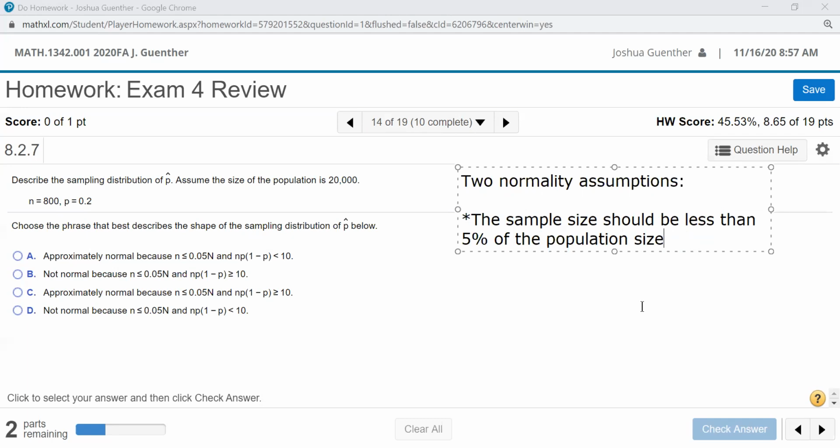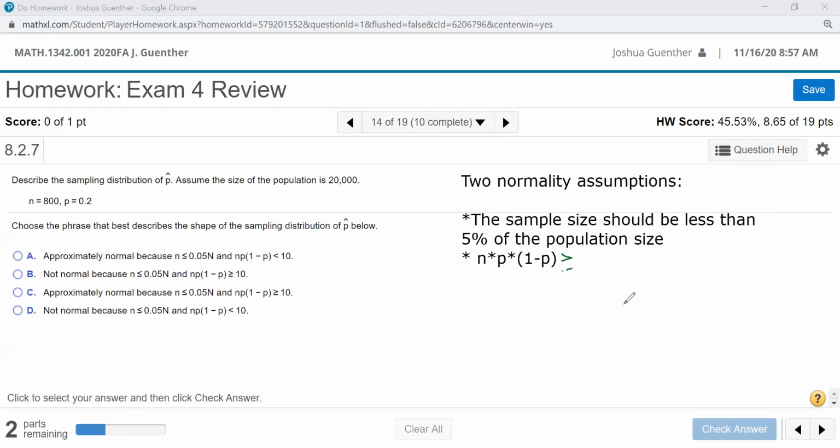What it really does is it screws up the distribution and makes it hard to use these techniques. So we want that. We also want a second normality assumption. We want n times p times 1 minus p to be greater than or equal to 10.